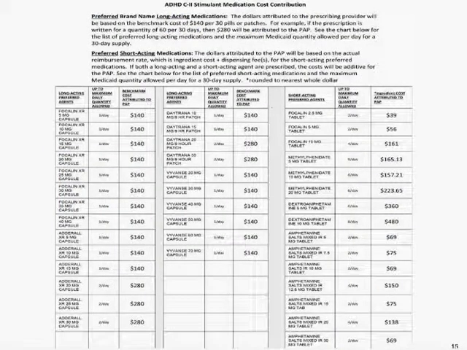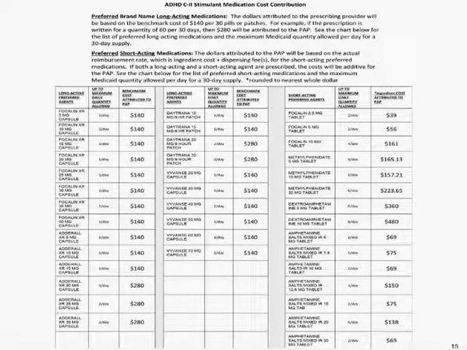Now, we're drilling down a little. I don't know if you've seen this chart before. Hopefully you have, and hopefully you can see it. We wanted to address a lot of questions about the medications. There are 3 columns. The left 2 columns are the preferred long-acting psychostimulants.